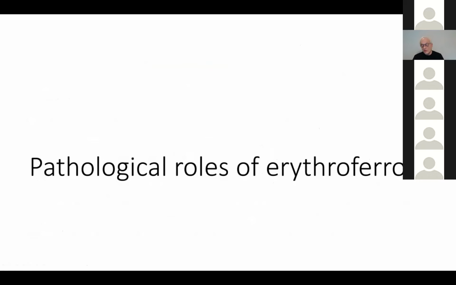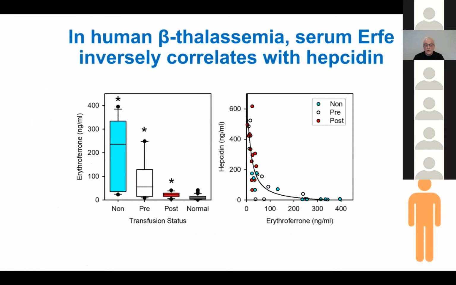Okay, so now I come to the second half of this talk, which is the pathological roles of erythroferrone. So we had developed an assay for measuring human and mouse erythroferrone, and then used the assay to study populations of patients or mice with beta thalassemia.